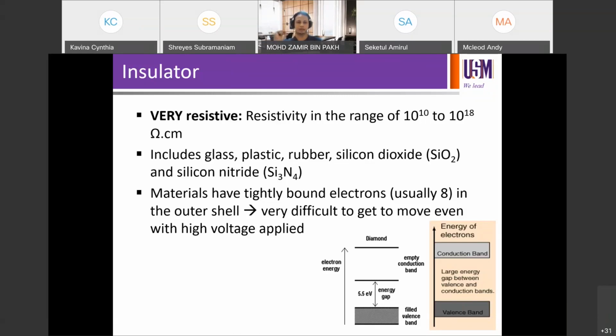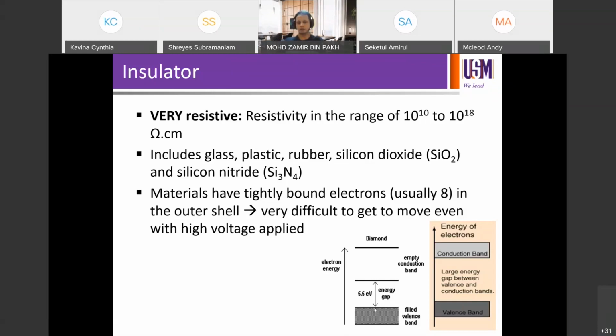in natural condition, right? Therefore, it's very difficult to get them to move even with a high voltage supply. You can see this at least in the illustrations down here. If you talk about diamond, for example, as an insulator, the band gap is the gap between the upper side of your valence band and the conduction band.